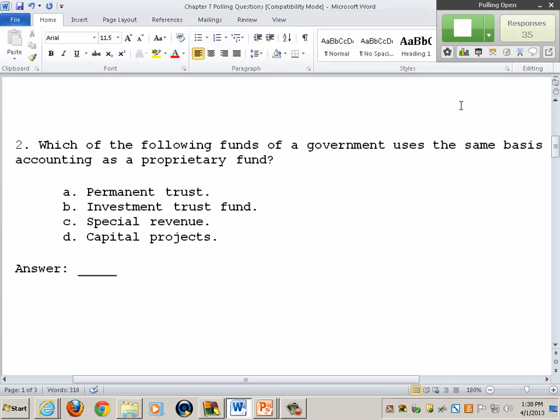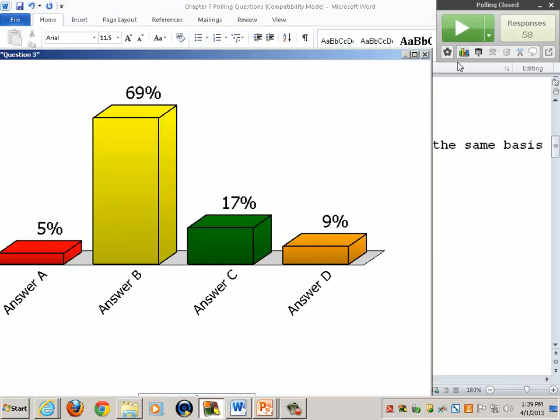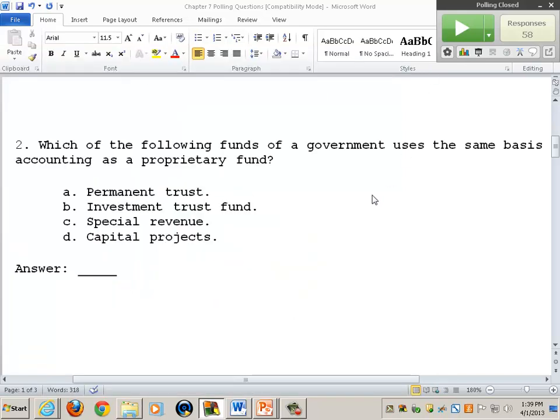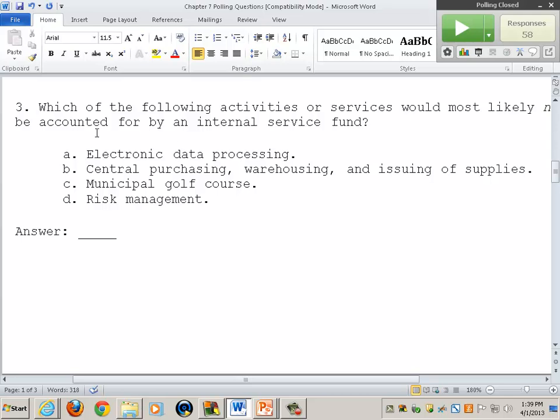Can you guys read in the back? Okay, I think we've got 57, and good show. Investment trust fund. Everybody know why? That's part of the fiduciary funds, which also use the accrual basis, right? Okay, how about this?